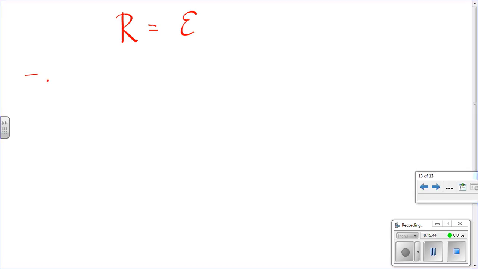Negative 0.1 B squared. What's next? Minus what? Equals. Alright, solve that.